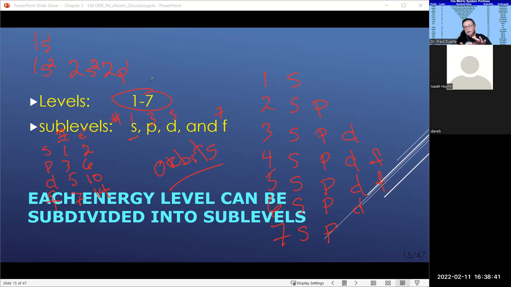I haven't correlated which element I'm writing here. I'm just showing you at this point how to write the electron configuration with the coefficient, which represents the energy level, and then the letter, which represents the orbital that you'll be utilizing. Then you use a superscript to represent how many electrons it has for that particular orbital.